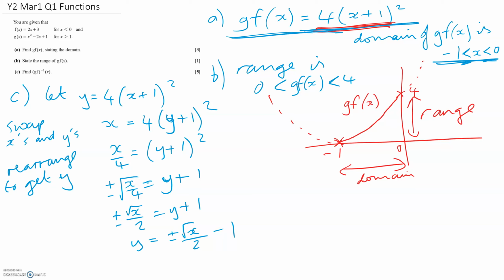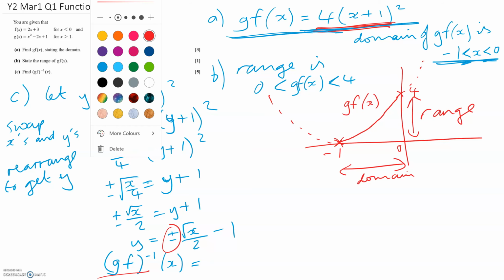Now before we write the final answer with (g f) to the minus 1 of x, we just need to check whether we want this to be a plus or a minus, or whether we want it to be both. So in order to check that, we need to look at the range of this inverse function.